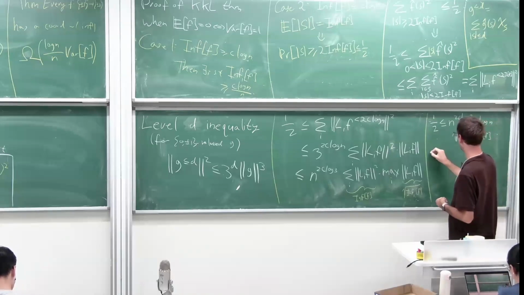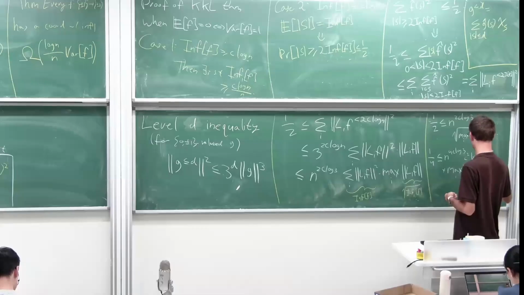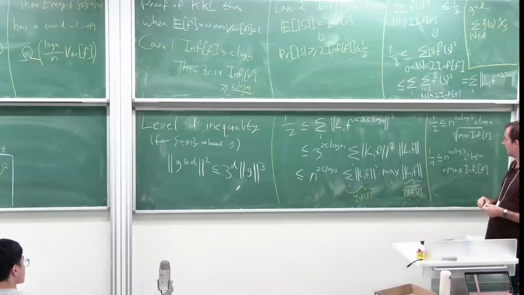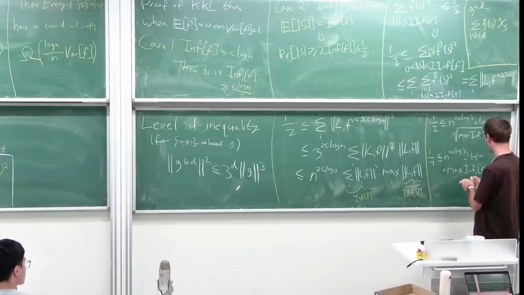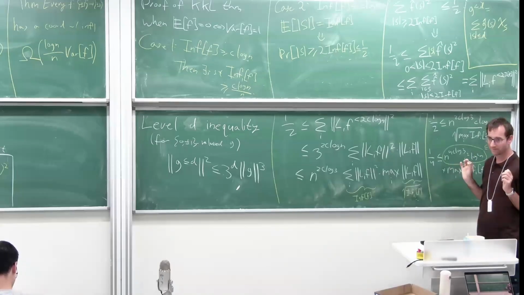Okay, and if we square it, then we get that the total influence squared is at most n to the 4c log 3 times c squared log n squared times the maximal influence. Now I can choose c to be very small, so that this is at most n to the 0.1. If c is small enough, then this would be the case.